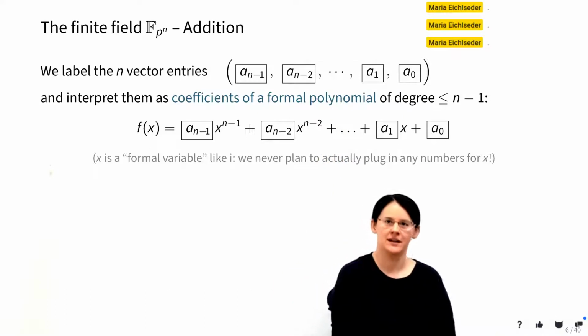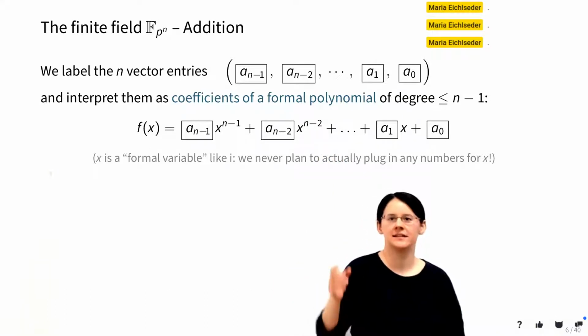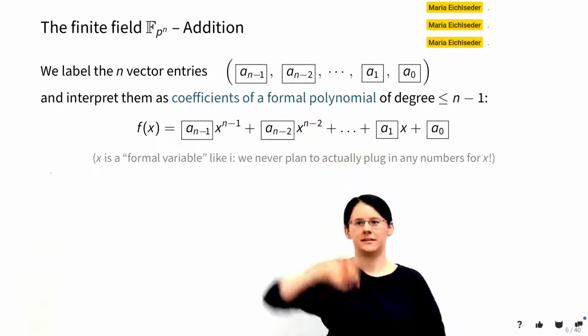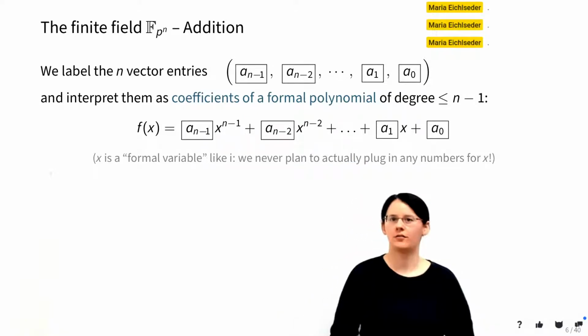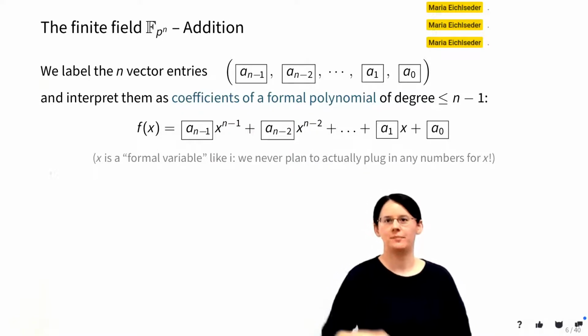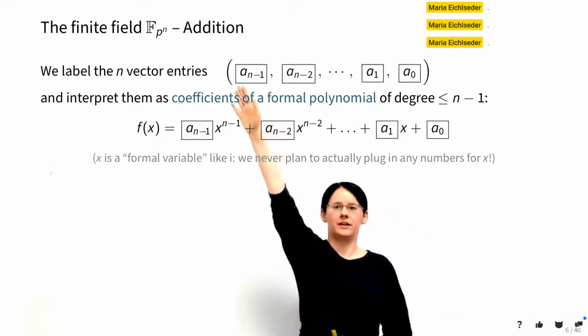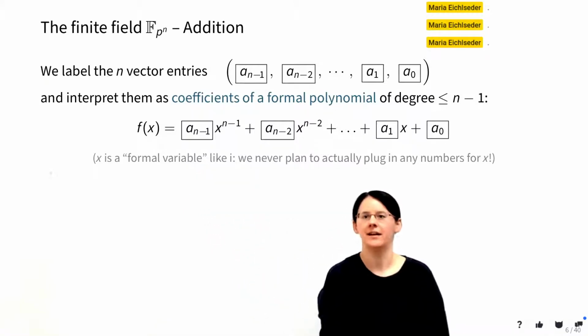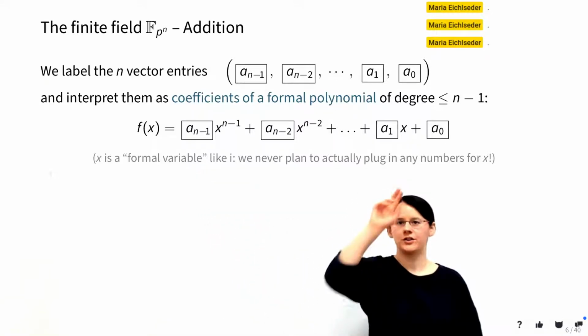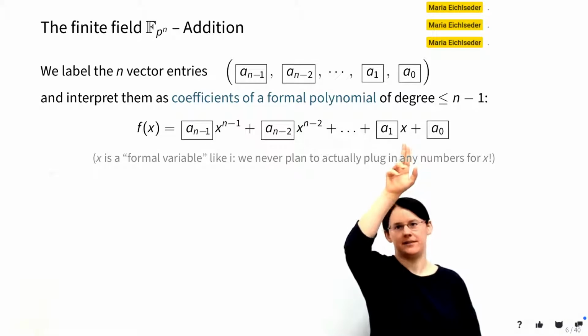But the important thing is that I'm using these entries of my vector as coefficients of some polynomial. So I'm interpreting my stored vector of n elements as a polynomial of degree n-1 over some undefined variable x.